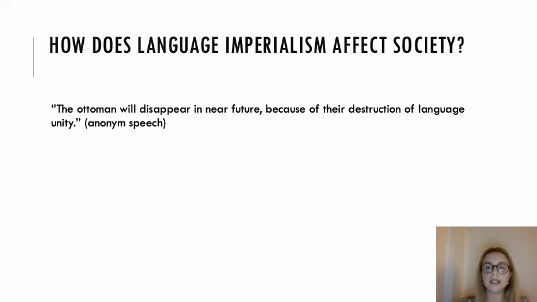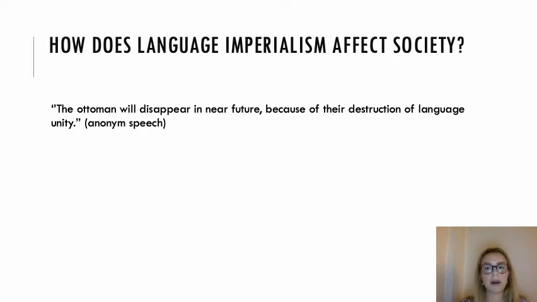In the 18th century, a Japanese person came to the Ottoman Empire as an ambassador. He was a guest at the palace for a long time, and returned to Japan and reported what he saw. He said that the Ottoman Empire would disappear in the near future. Furthermore, he added, the given justification is interesting.